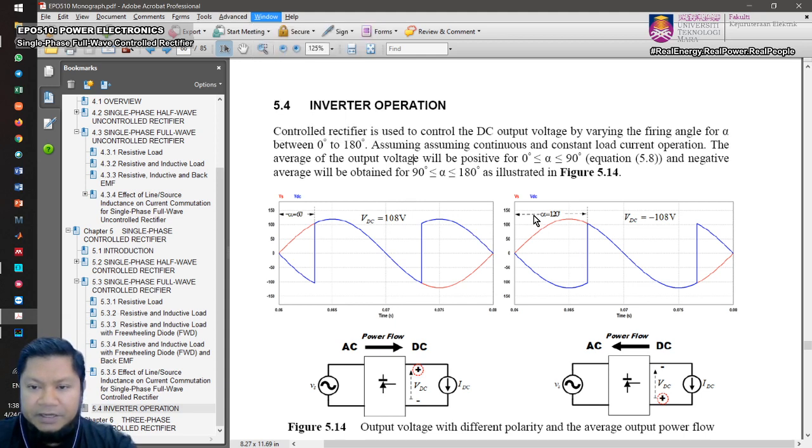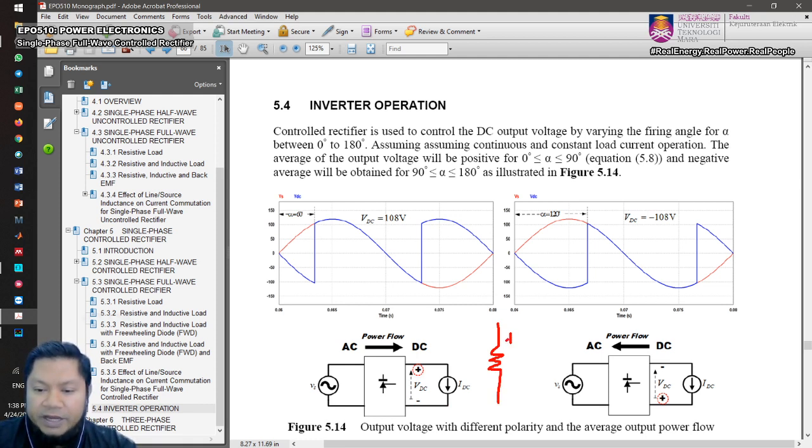For 0 to 90 degrees, you're going to see a positive output voltage, and therefore the polarity of the output voltage will always be plus minus. And if you look at the conventions, in any convention, if the current flows into the positive terminal of an element, that will be the load. For example, if you have a resistor, right? So a resistor is always a load.